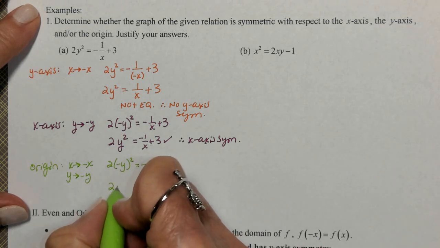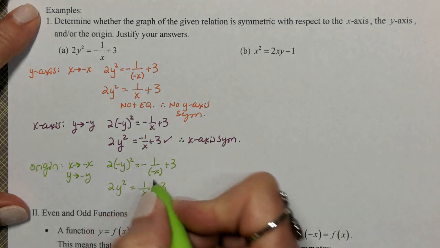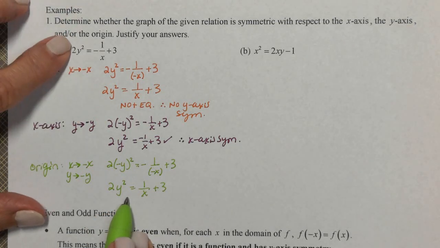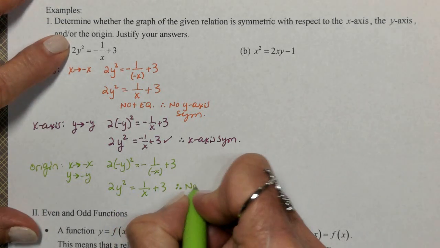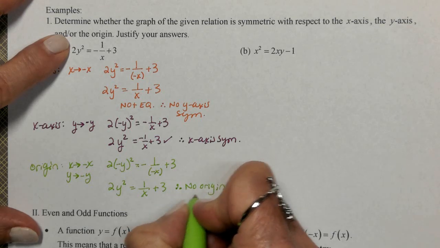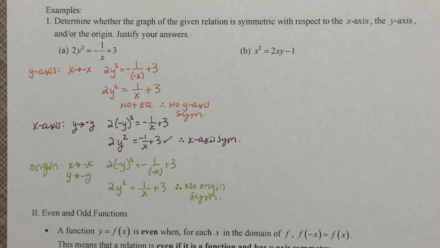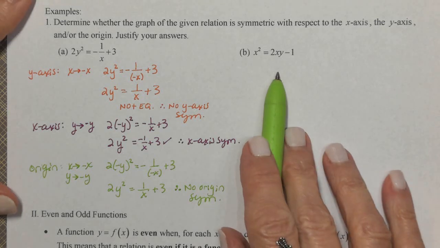This is 2y squared is equal to 1 over x plus 3. We already determined that that is not equivalent to our original, therefore no origin symmetry. You can, by the way, have more than one type of symmetry. So just because you find one that works does not mean you shouldn't keep trying to see if another one works as well. Let's do one more of these.